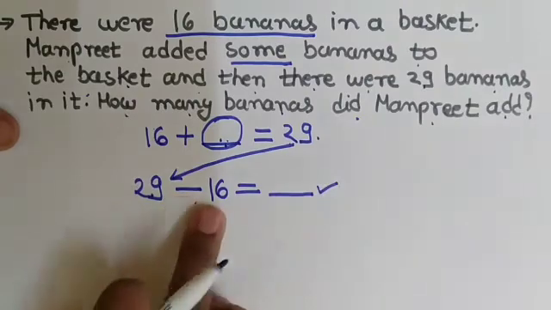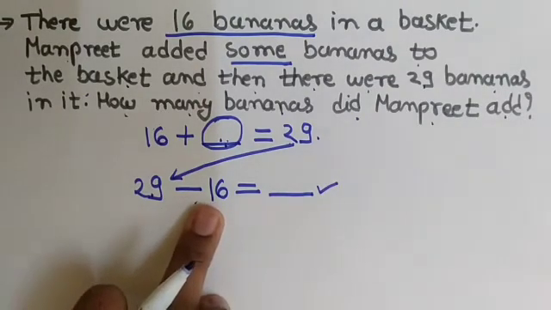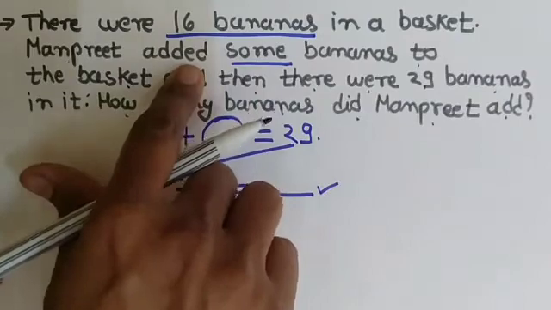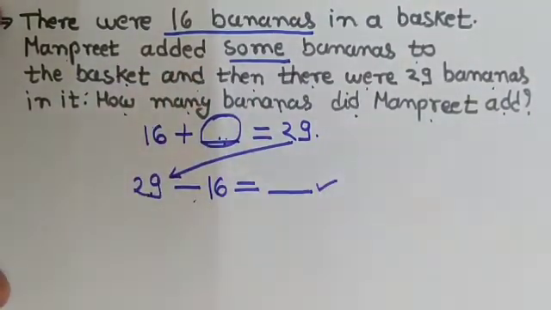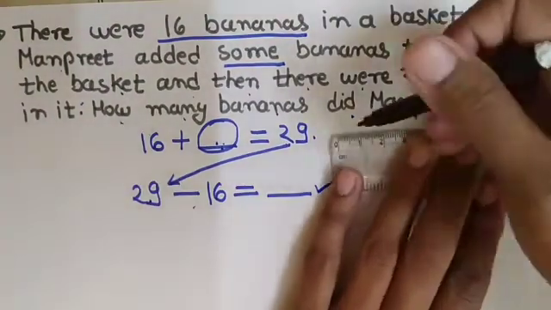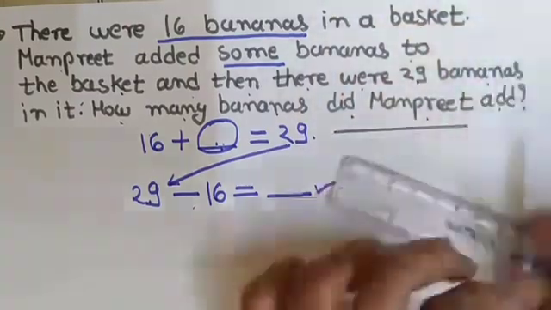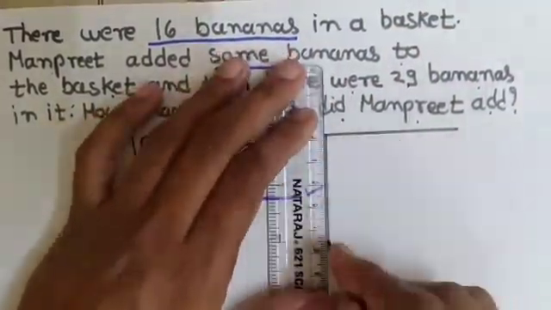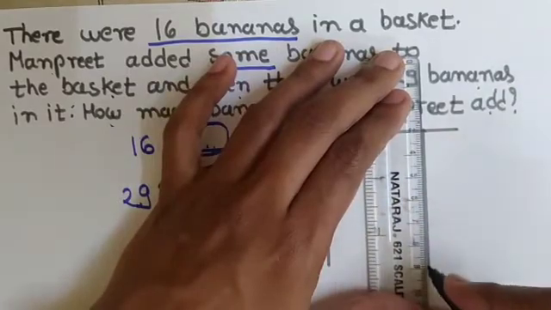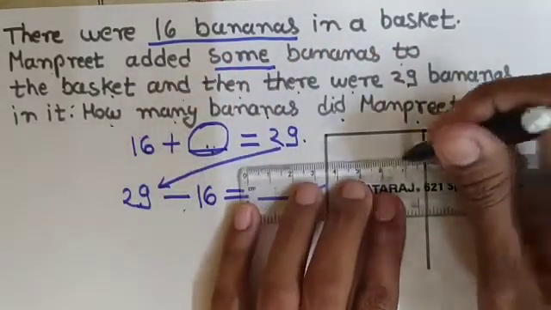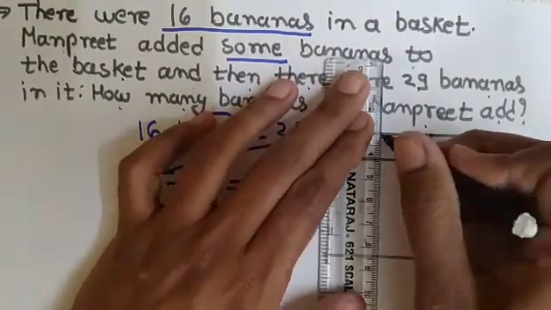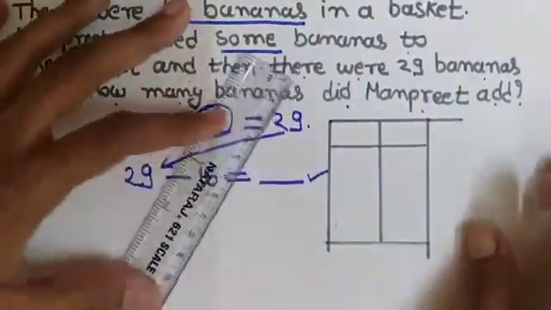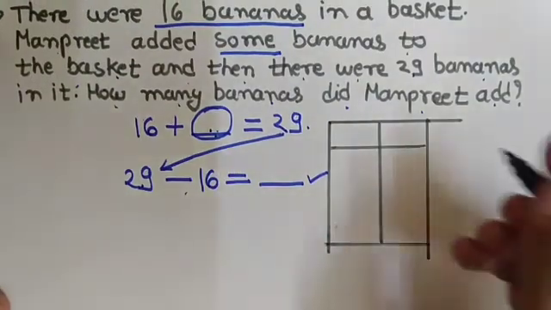Now we have to do subtraction, children, to find out the difference. How many bananas did Manpreet add? So for that we have to make a table again. Here we have a 2-digit number, children, so we have to make tens and unit columns.